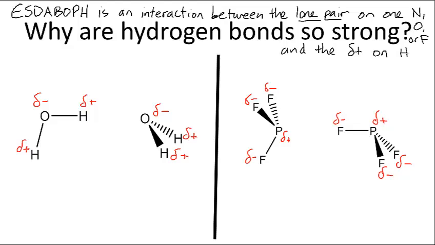So these are interactions between the lone pair on a nitrogen, oxygen, or fluorine and the partial positive charge on hydrogen.